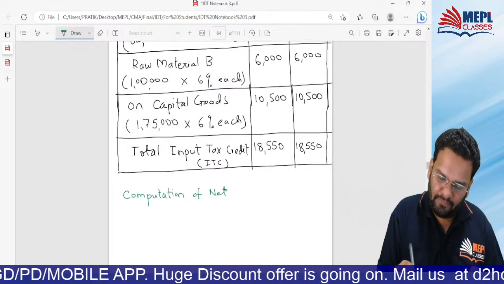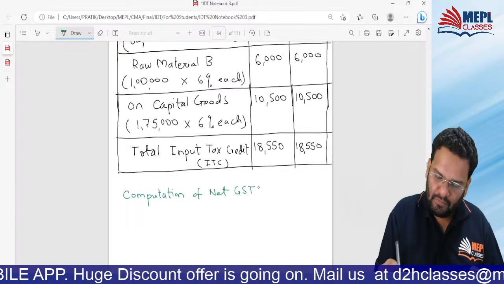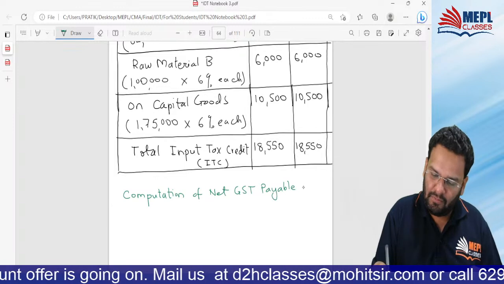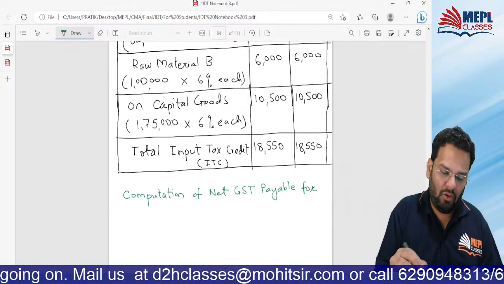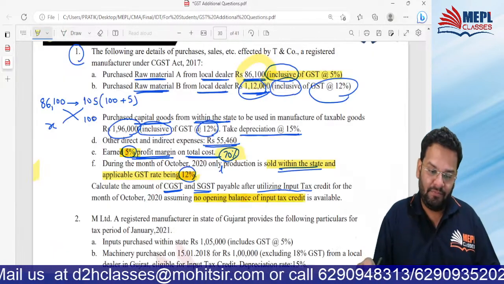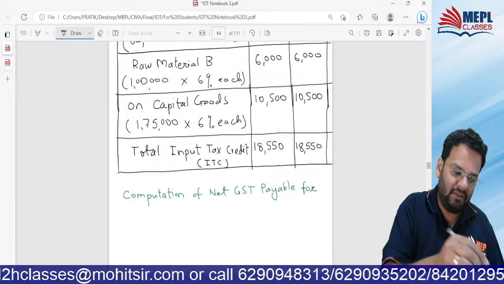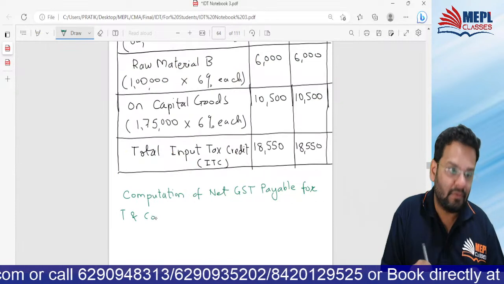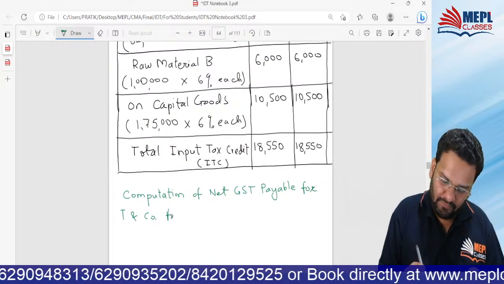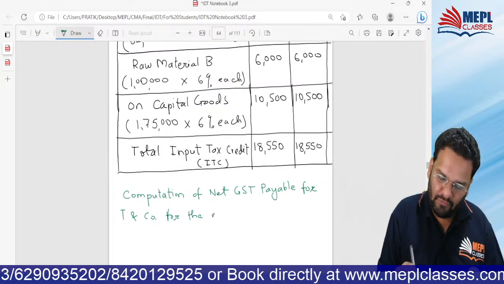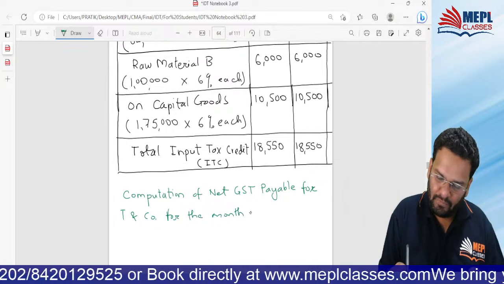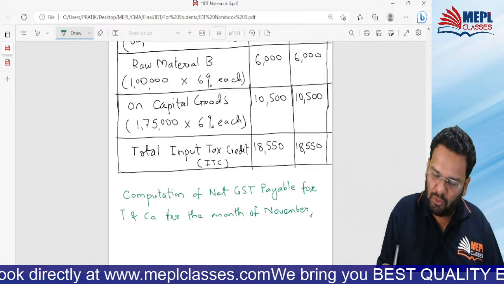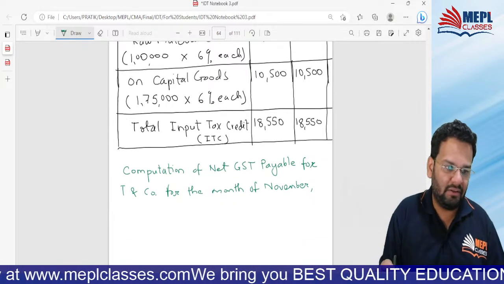Computation of net GST payable for T and Company for the month of November 2020.